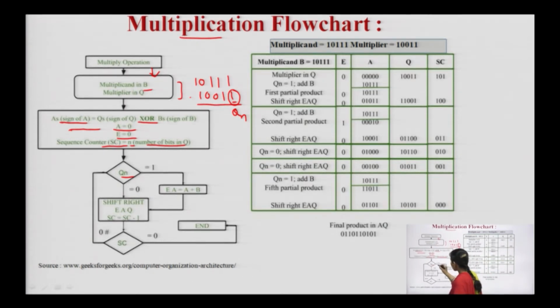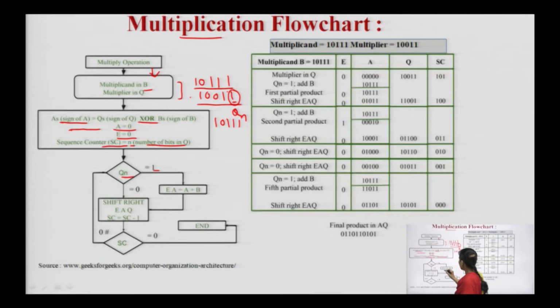If it is 0, then do nothing, and if it is 1, what do we have to do? We have to form the first partial product, that is we have to copy the bits of this B into my accumulator, that is initially 0. So, I will just write 10111 here, and this will be stored in EA.